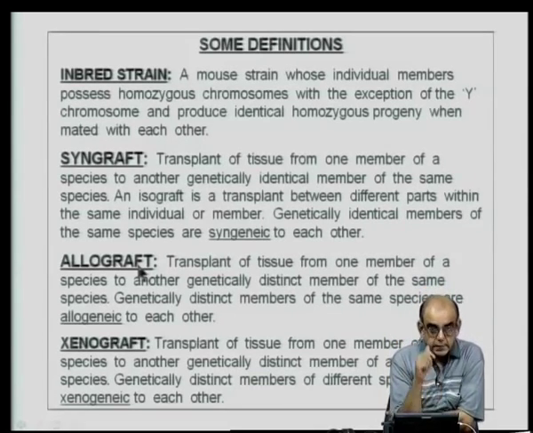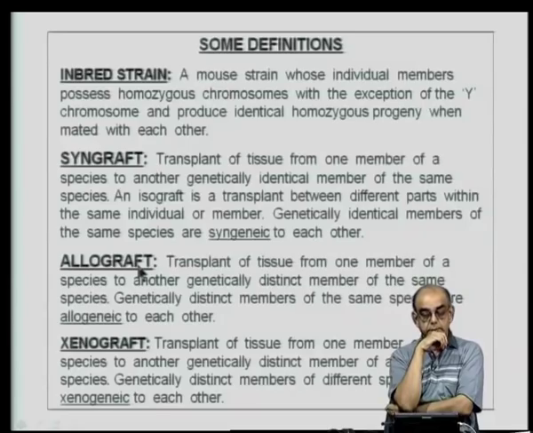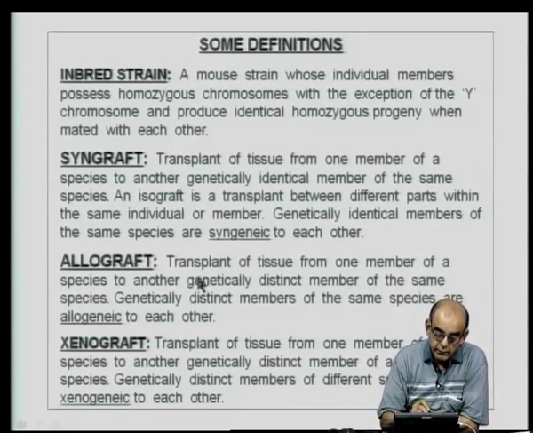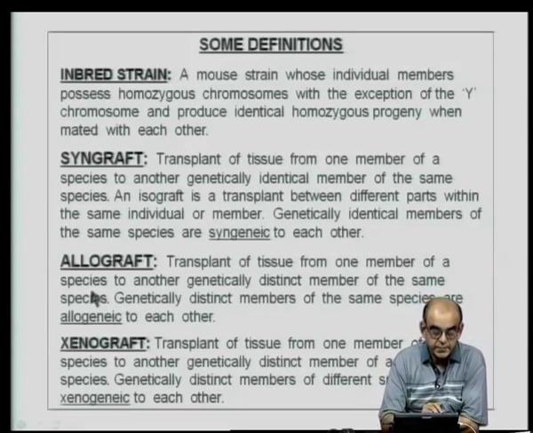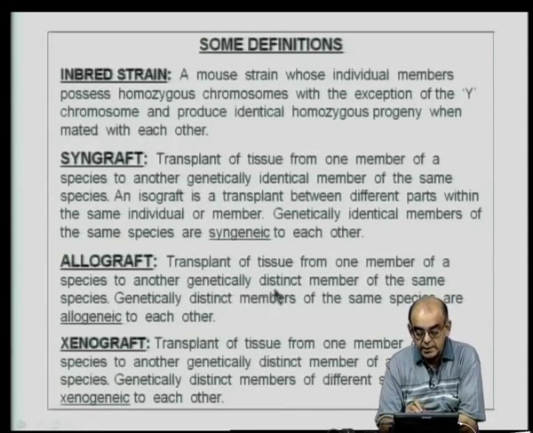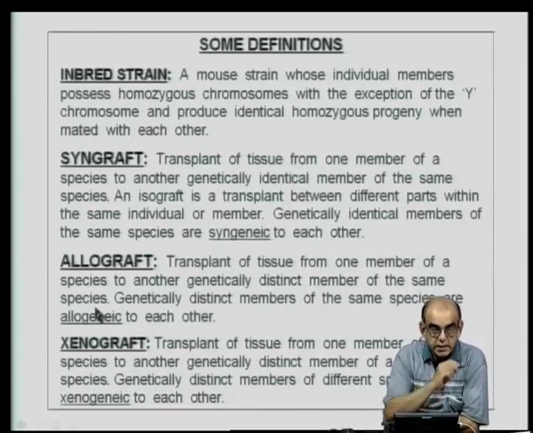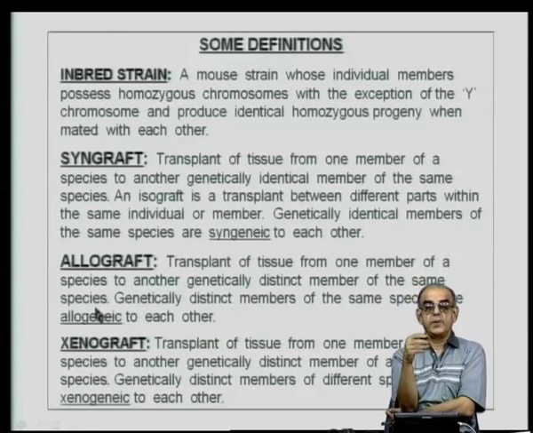The other term that needs to be understood here is the allograft. What is an allograft? An allograft is a transplant of tissue from one member of a species to another genetically distinct member of the same species, and this is where organ transplantation in humans comes in.